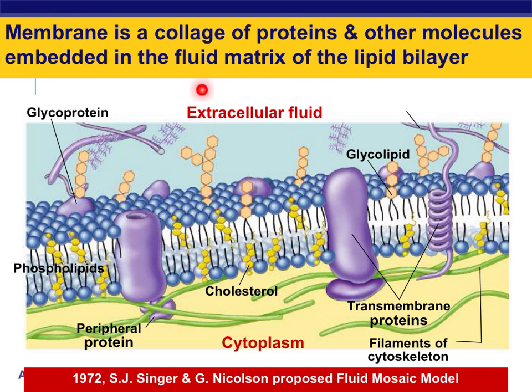The extracellular fluid, outside of the cell, versus the cytoplasm are going to be two different environments, and that's going to set up what are called concentration gradients of substances that we'll get to a little bit more later. The carbohydrates that we talk about are also a part of the cell membrane structure, and these carbohydrates are going to be attached to either a protein or the lipid part of them.